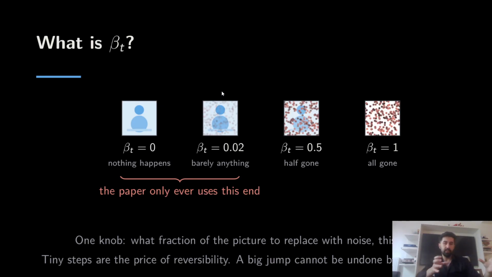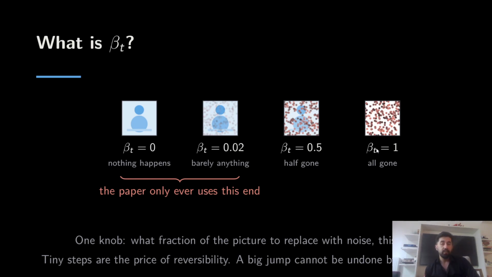So we give it a blurry image, and we ask it how was the image before we blurred it out. If we give it complete noise and we tell it give me the initial image, it's way harder. The network will require too many parameters to do it.